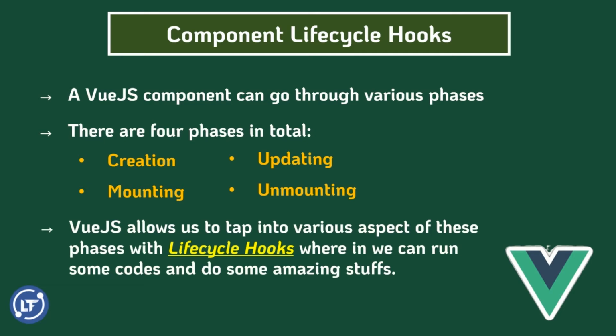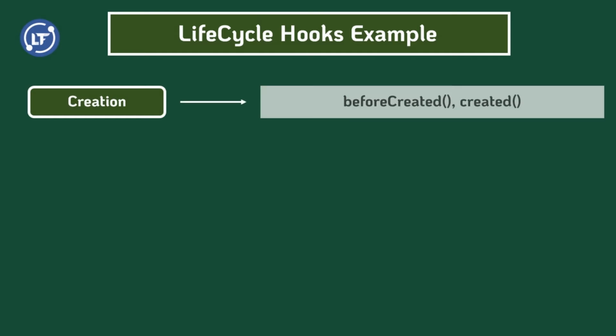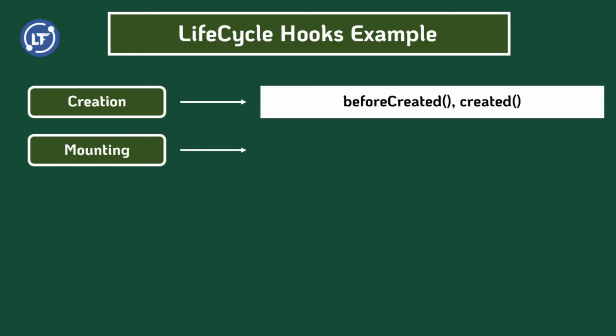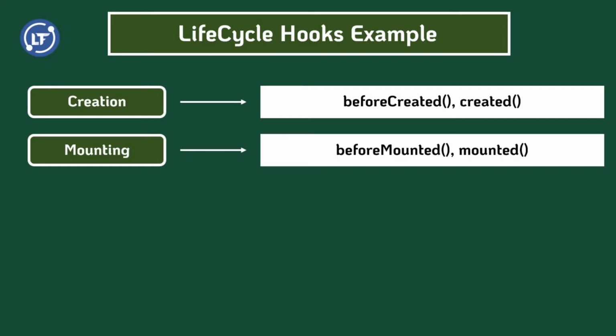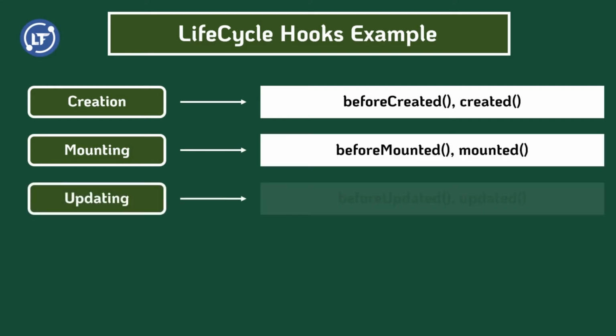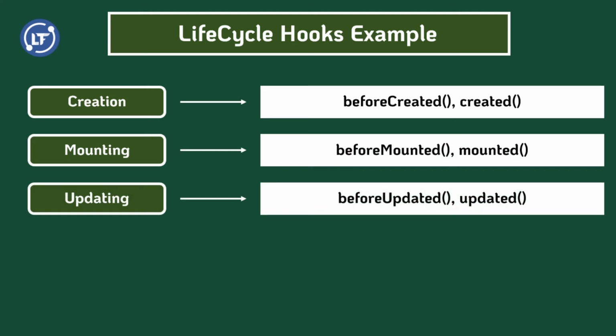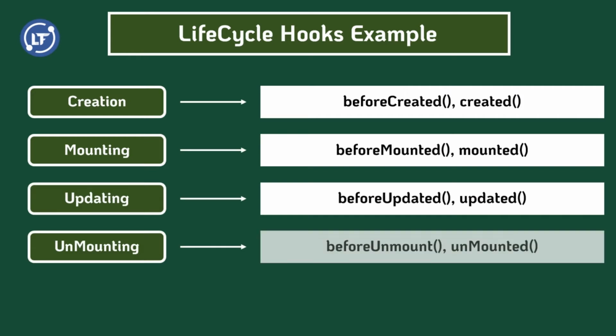Now let's look at the lifecycle hooks that we have. I remember I told you there are 4 phases. In the creation phase, we have beforeCreate and created. In the mounting phase, we have beforeMount and mounted. In the updating stage, we have beforeUpdate and updated. And in the unmounting phase, we have, you guessed it, beforeUnmount and unmounted.